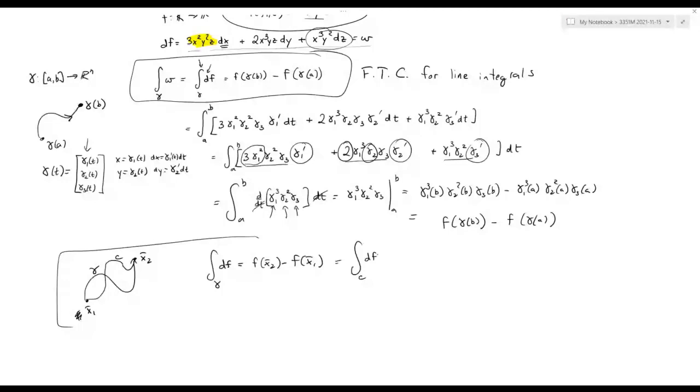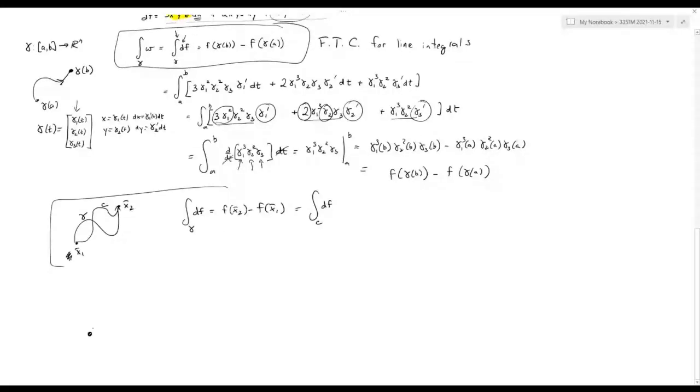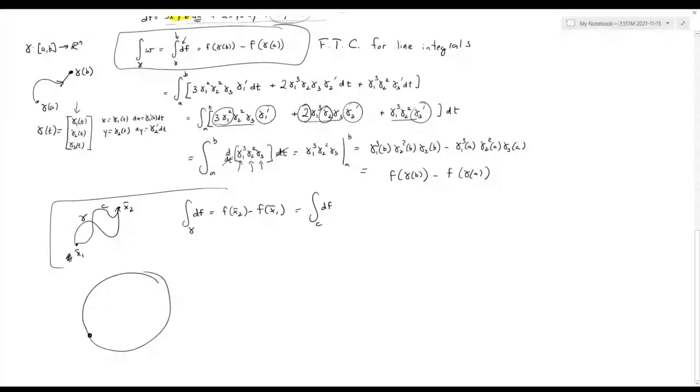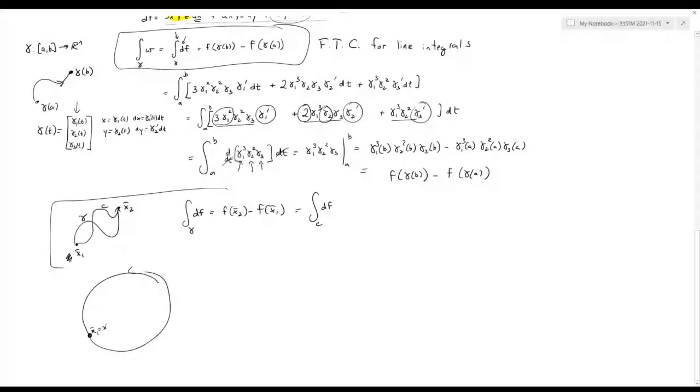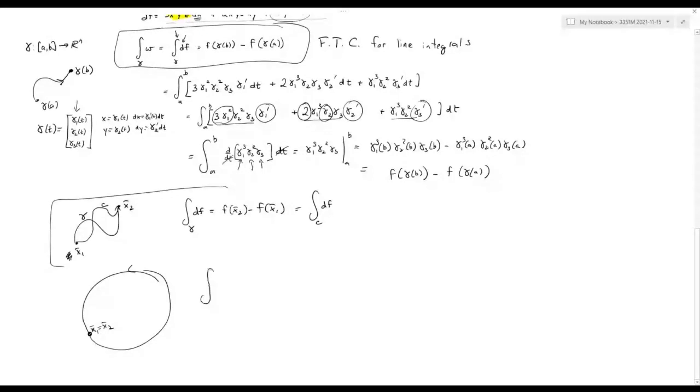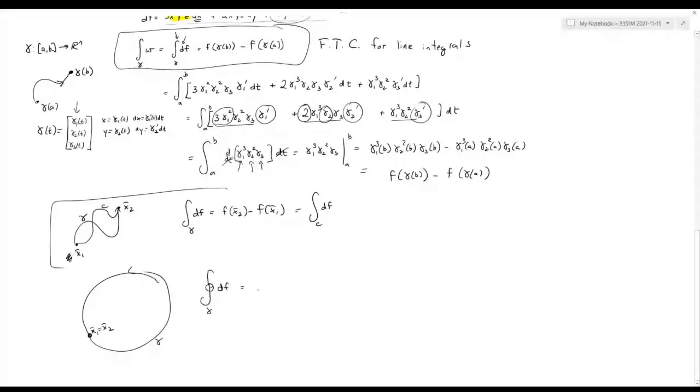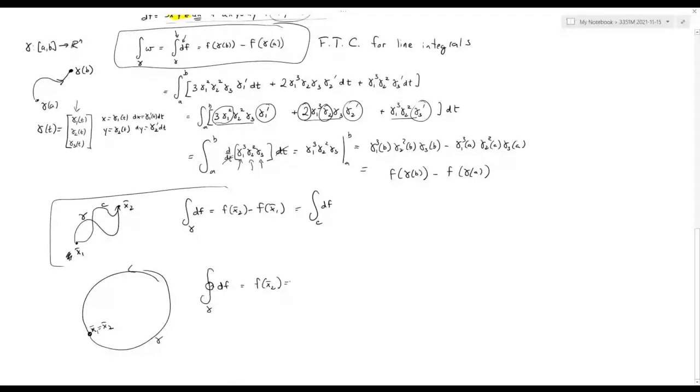It's the idea that if you have a path where the starting and ending point are the same, so x1 equals x2, so if you do such an integral over a closed path, and you have a one form which is the result of a total differential of a real valued function, then notice that this would be the function at the terminal point x2 minus the function at the starting point x1.